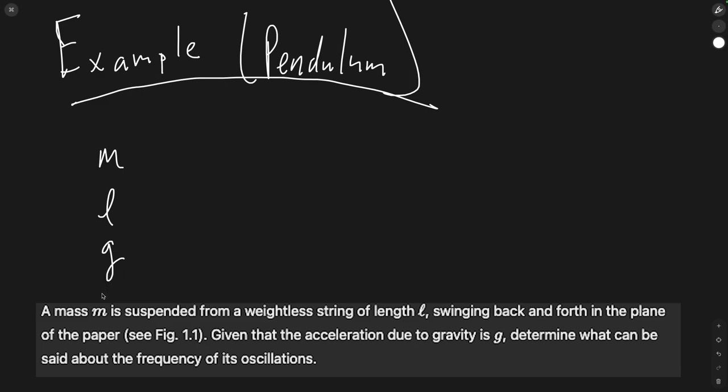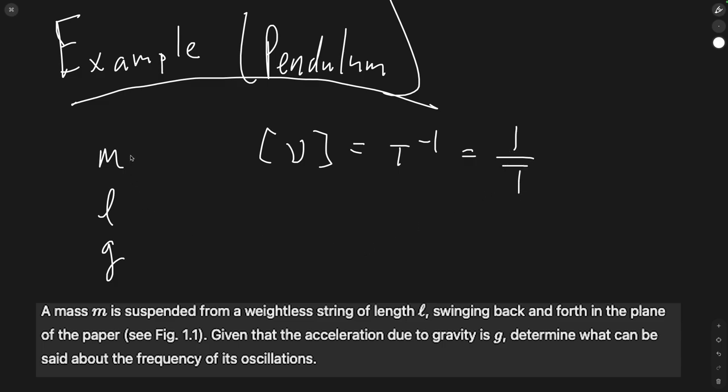What can we say about the frequency? So frequency, what units does frequency come in, right? Frequency comes in hertz, but what's a hertz? It's 1 over time, right? So the units of frequency come in t to the minus 1, okay, or 1 over t, whatever.